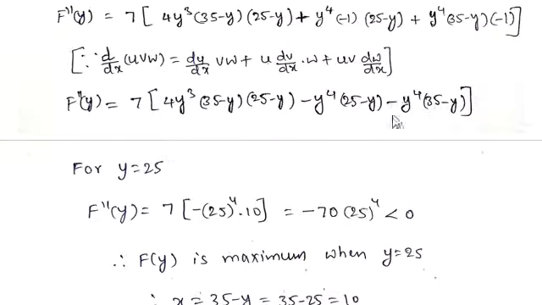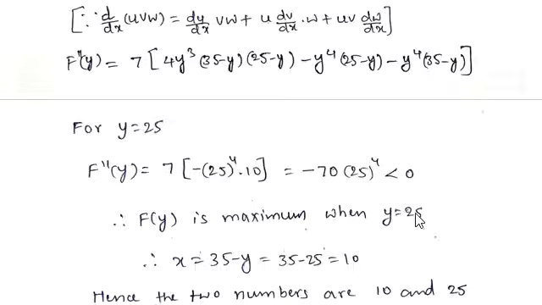So you write 7 into minus 25 to the power of 4 into 10. This has a minus sign, so f double dash y is negative. So f of y is maximum when y equals 25.